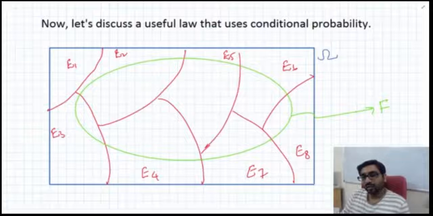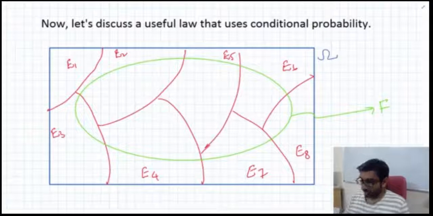And under these individual, disjoint events, we're able to understand something about F.